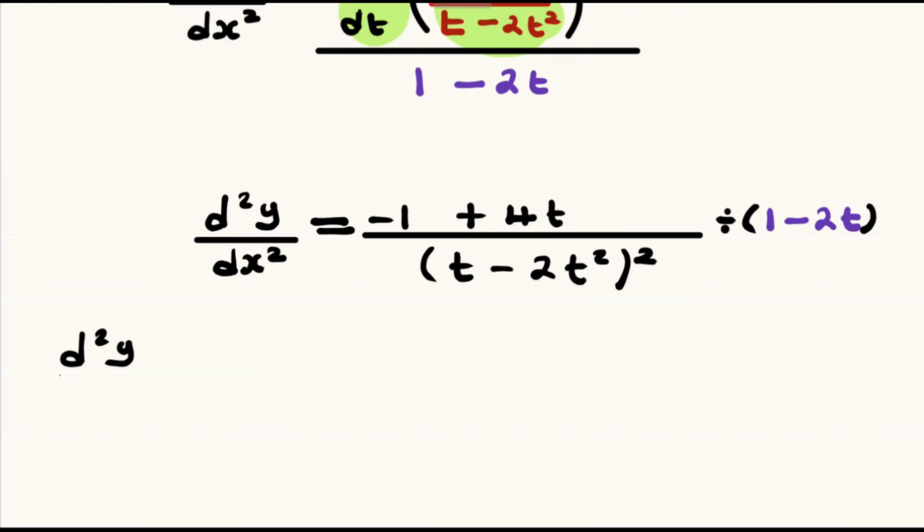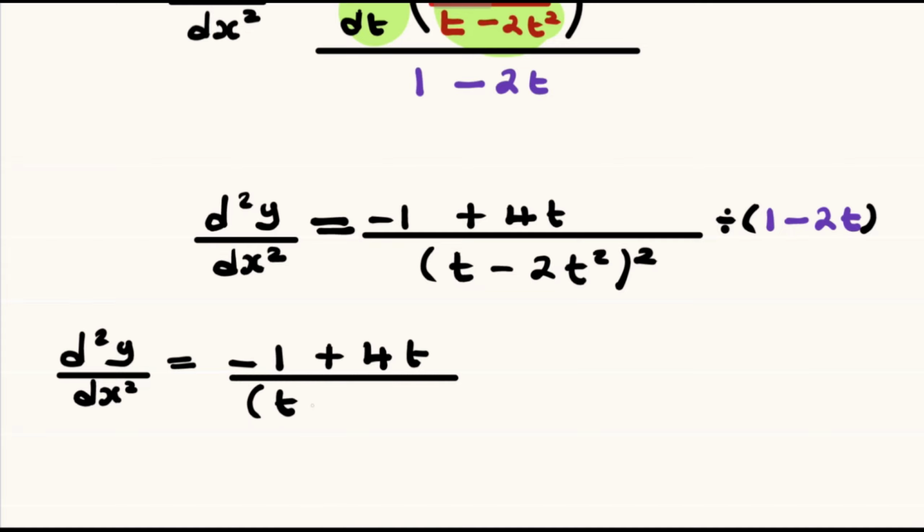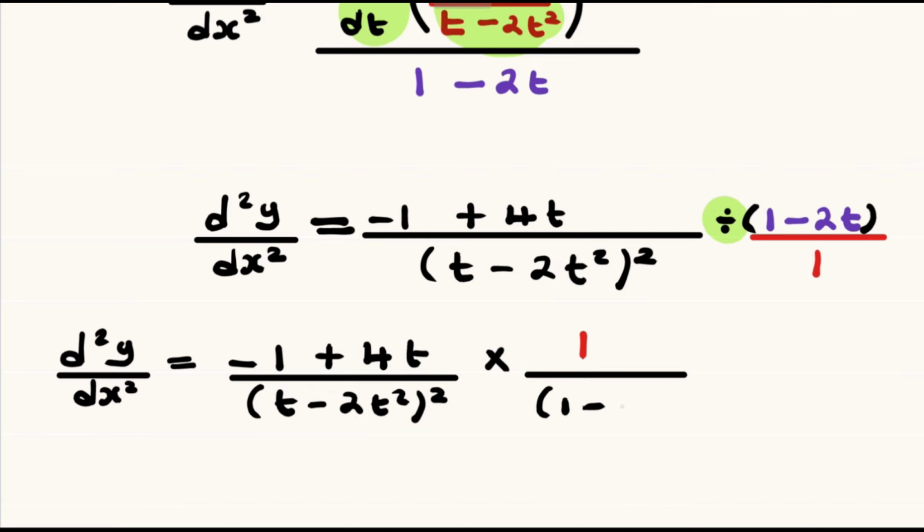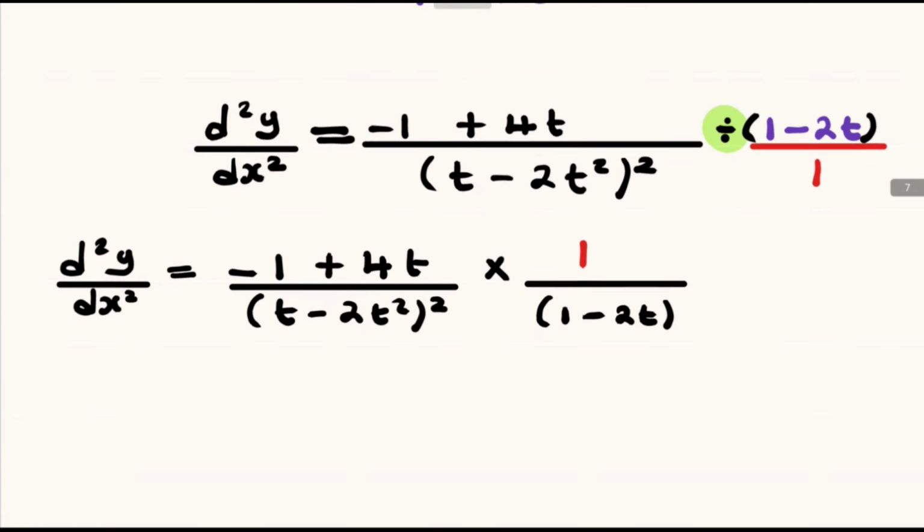So the second derivative of y with respect to x will be equal to negative 1 plus 4t, all divided by t minus 2t squared, all squared. We change that division into multiplication, and remember we are dividing by 1 minus 2t, so this will reciprocate as we change the division into multiplication. So the 1 will be the numerator, and the 1 minus 2t will be the denominator.